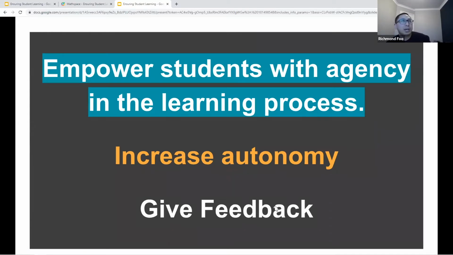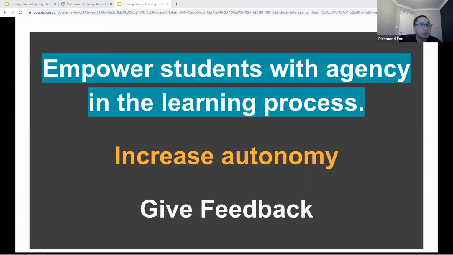I think the last suggestion that I want to make is really based around how MathSpace was conceived, which is trying to be that really personalized pathway and getting students to be able to do a lot of the learning and motivation themselves.